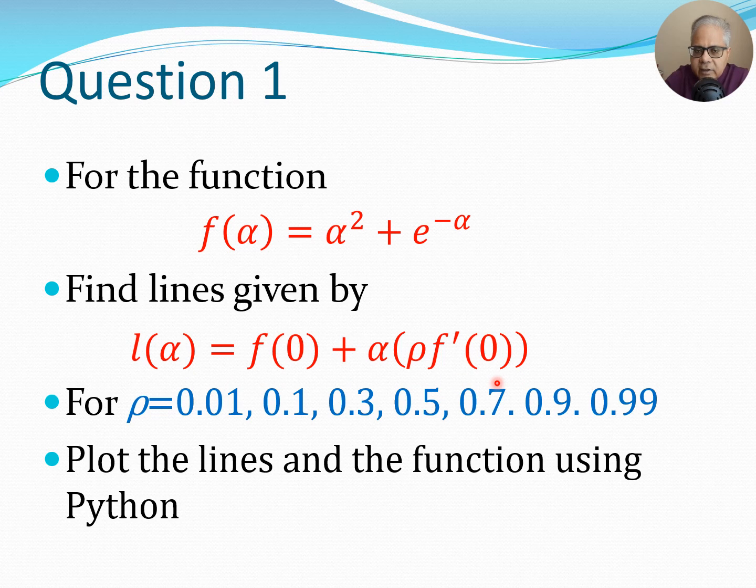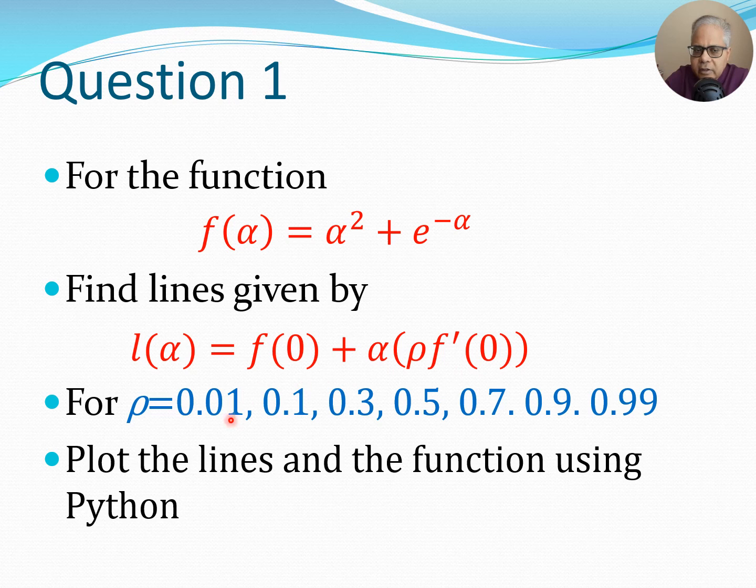These lines can essentially be defined in this manner: the line is f0 plus alpha into rho into f dash 0, where of course f is the value of this function itself and f dash is the derivative here. So essentially we need these values at 0, and with that we can get this line here. Now let us see how these lines look like, because this line is the concept behind the Armijo's rule.